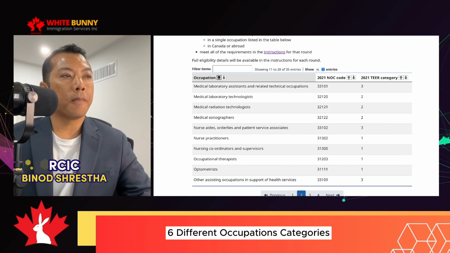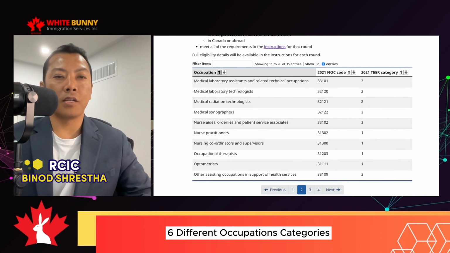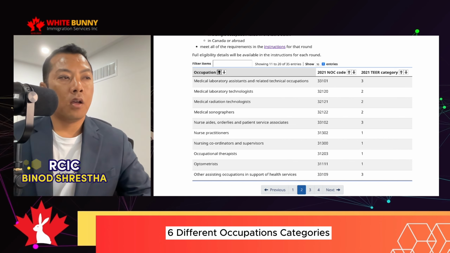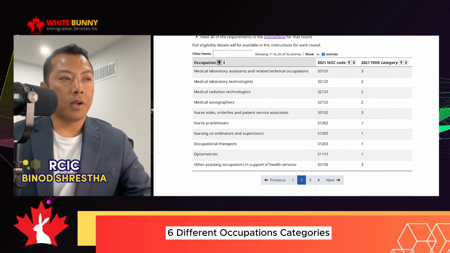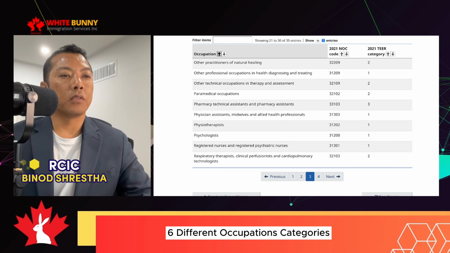service associates, nurse practitioners, nursing coordinators and supervisors, occupational therapists, optometrists, right? Other assisting occupations in support of health services. Let's go to the third tab.